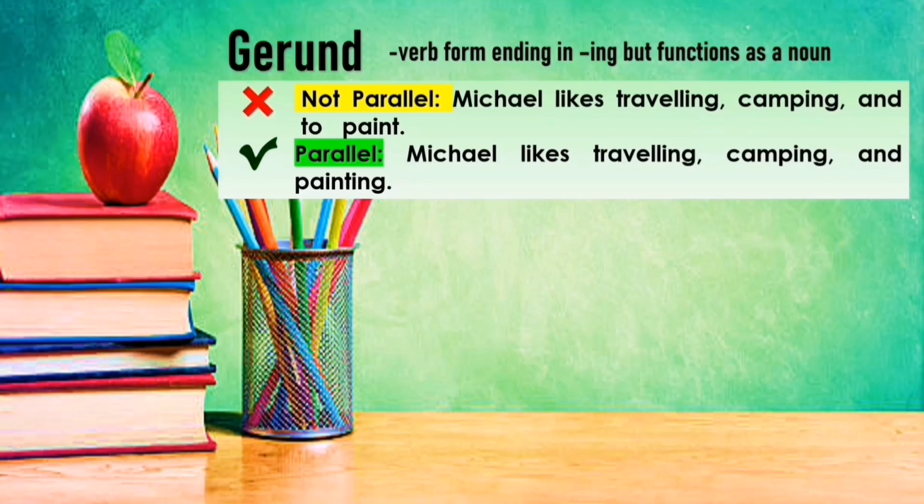This is not parallel in structure because it does not use gerunds all throughout the sentence. It uses a combination of gerunds, traveling and camping, and an infinitive, to paint. To make the sentence parallel, it should be Michael likes traveling, camping, and painting.